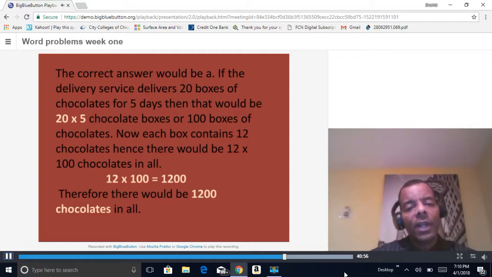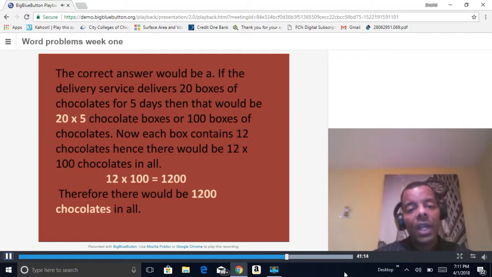The correct answer would be A. If the delivery service delivers 20 boxes of chocolates for 5 days, then that would be 20 times 5 chocolate boxes, or 100 boxes of chocolates. We went over that.